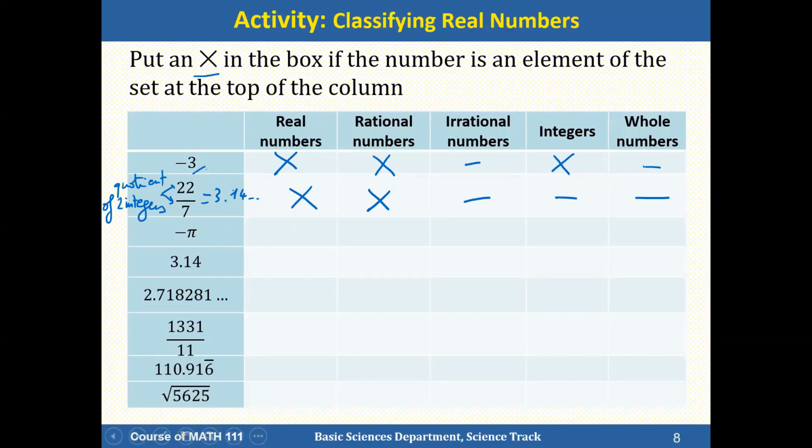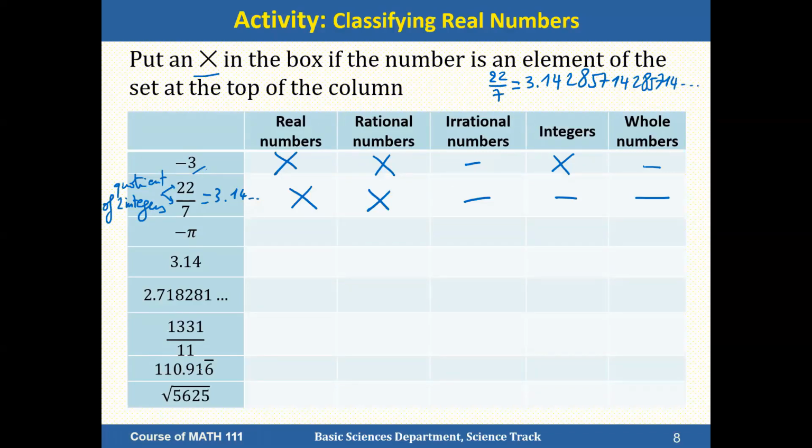Here we said we can know it from its decimal representation. What is the decimal representation of 22 over 7? Using a calculator, we can see that it is 3.142857142857 and so on.